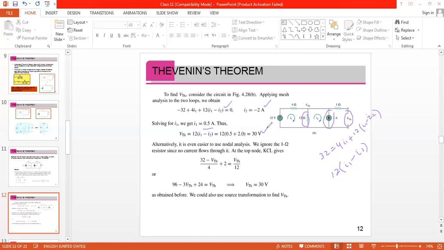There's another method to find the Thevenin voltage, which is by applying the nodal analysis. According to the nodal analysis, the current entering a node will always be equal to the current leaving the node. In this circuit, you can see that there's only one node and the other one is the ground.